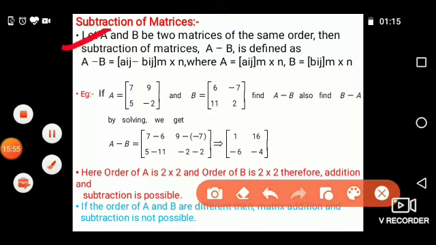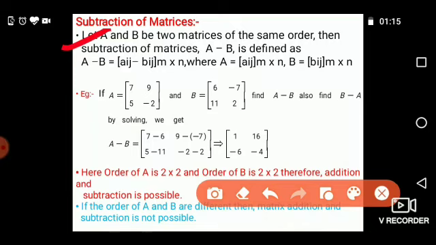Let capital A and B be two matrices of the same order. In case of addition and subtraction, the matrices must have the same order. Then the subtraction of B from A is written as A minus B and is defined by subtracting the corresponding elements of both the matrices, giving a new element a_ij minus b_ij.